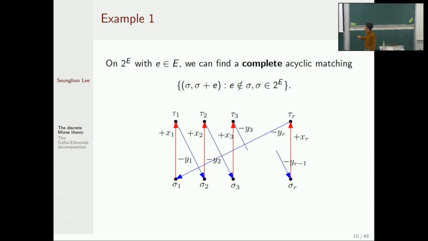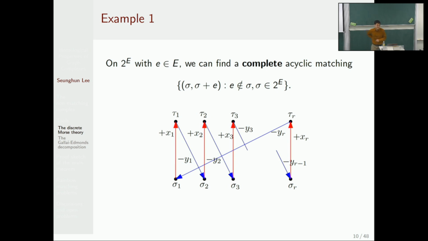Since we are using this kind of matching, all the x1 to xr should be E. Then by what I said before, all the y1 to yr should also be E. Then it should not go to the other element, but it should go back to the original element. This cannot happen in the Boolean poset. So there are no parallel edges in the directed graph we are considering. So this is a simple example that I would like to introduce.